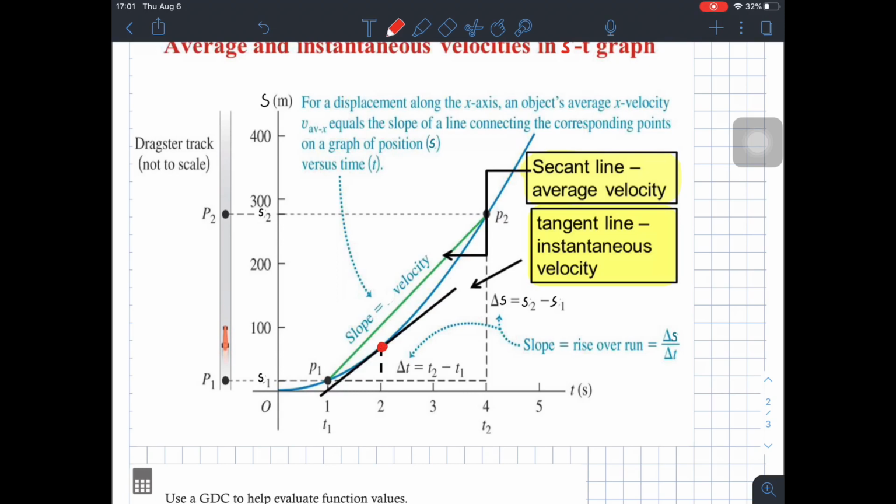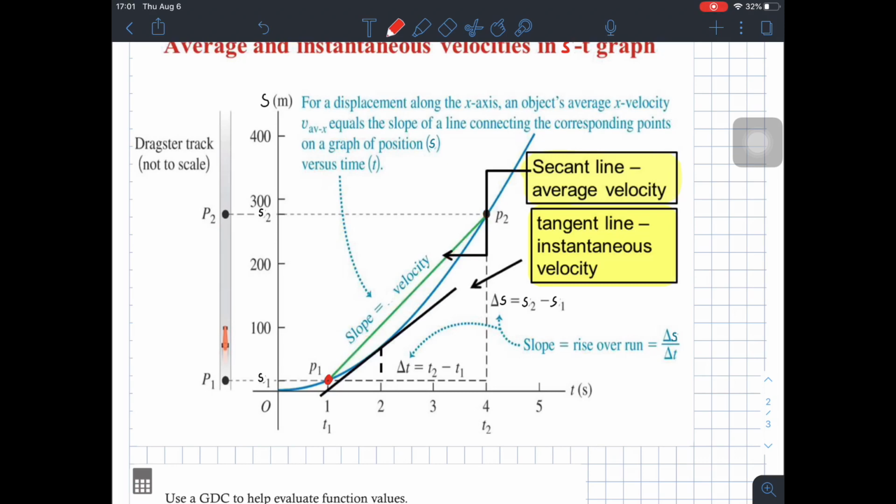But if you focus on a point, for example this one over here, and you trace the tangent line through that point, the slope of that tangent line is what we know as instantaneous velocity, right? So just to notice the difference, if I do from this point to this point, I will find an average velocity. Why average?